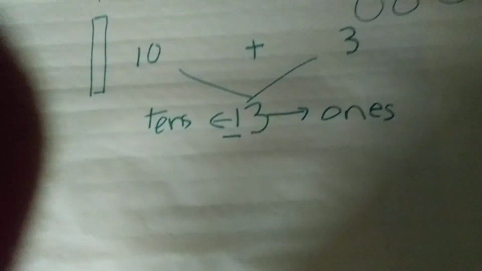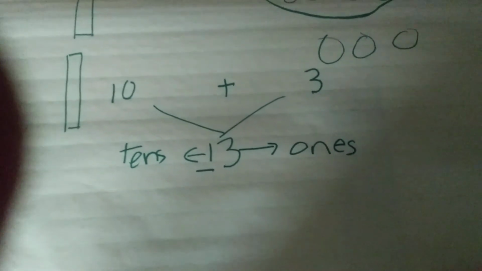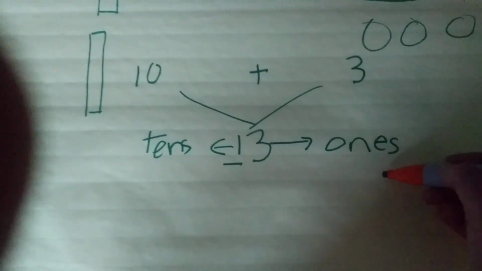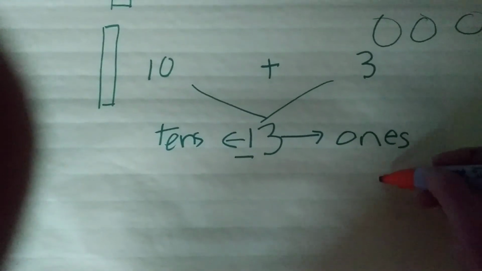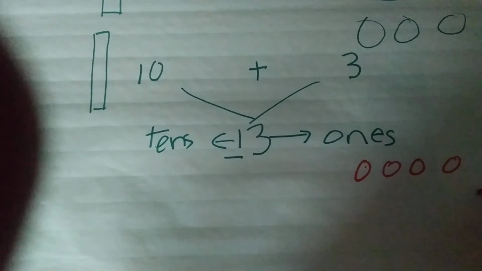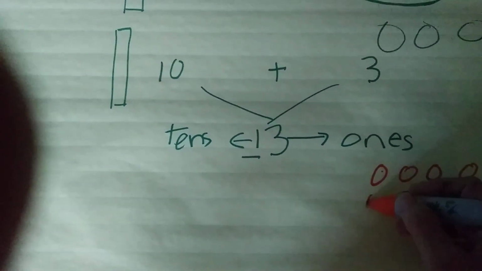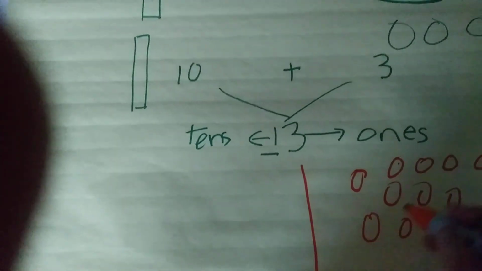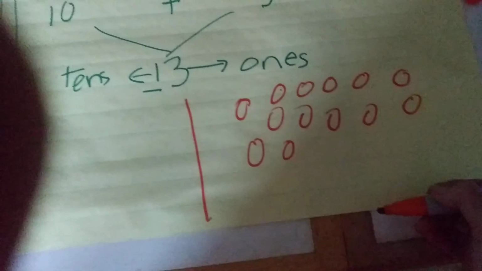Let's see what happens if we have 14 units. Let's just draw circles, squares, or sticks, whatever you want. 1, 2, 3, 4, 5, 6, 7, 8, 9, 10, 11, 12, 13. This is my unit side, or my one side.